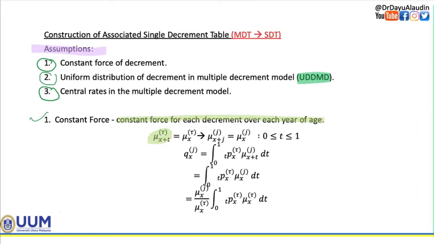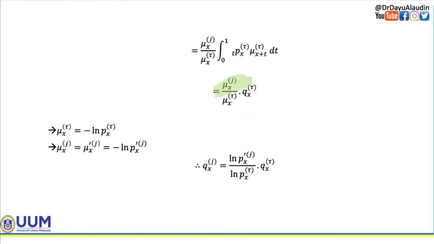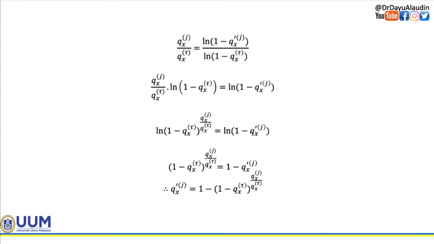So this is the force of decrement. And finally, we get the force of decrement due to cause j divided by the force of decrement τ times q_x^τ. And finally, we get q_x^(j)' is equal to 1 minus q_x^τ to the power of q_x^(j) divided by q_x^τ.